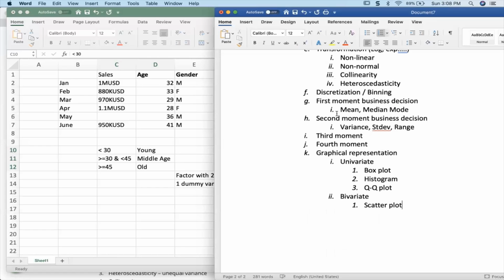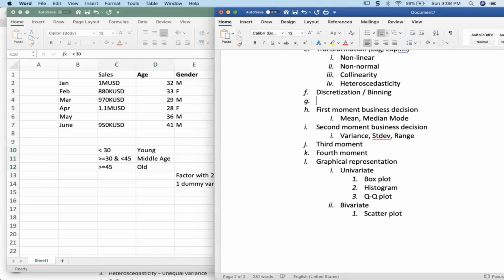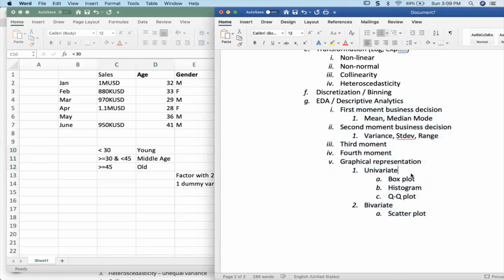This exploratory data analysis is also called descriptive analytics. Descriptive statistics, descriptive analytics, however you want to call that.